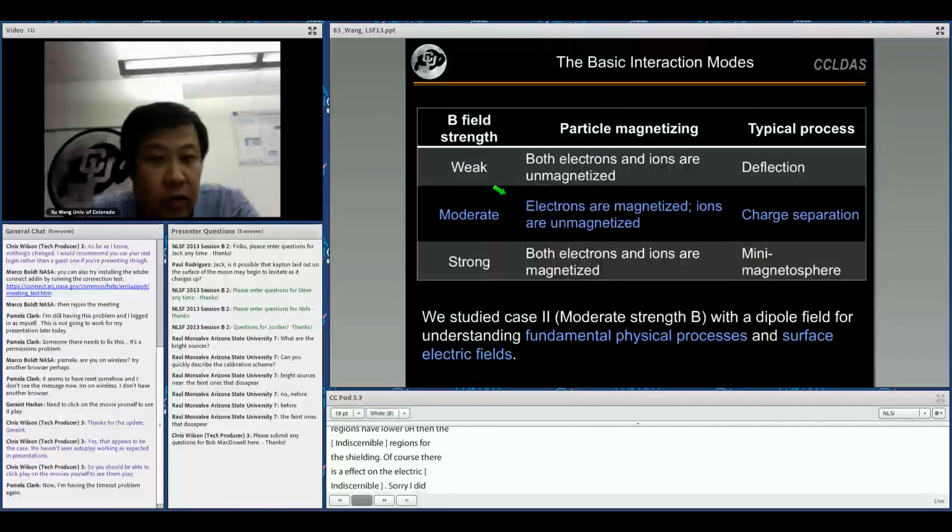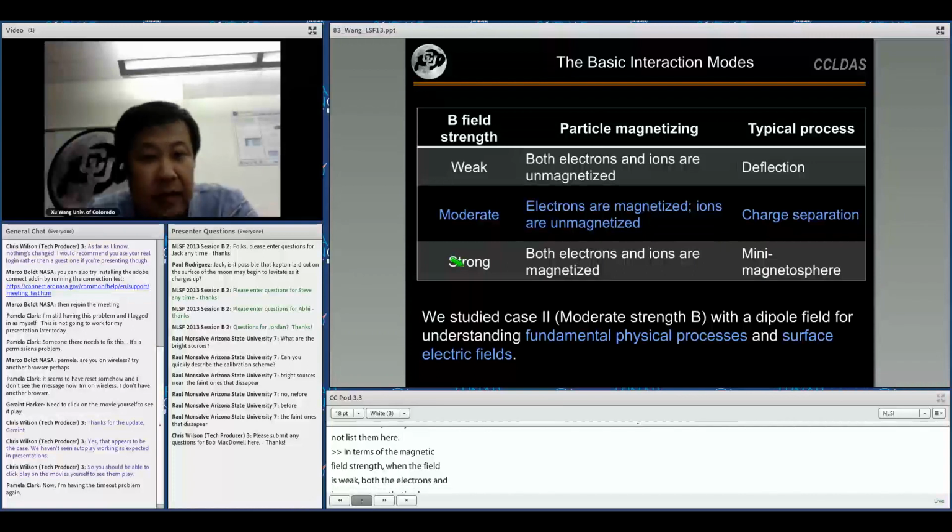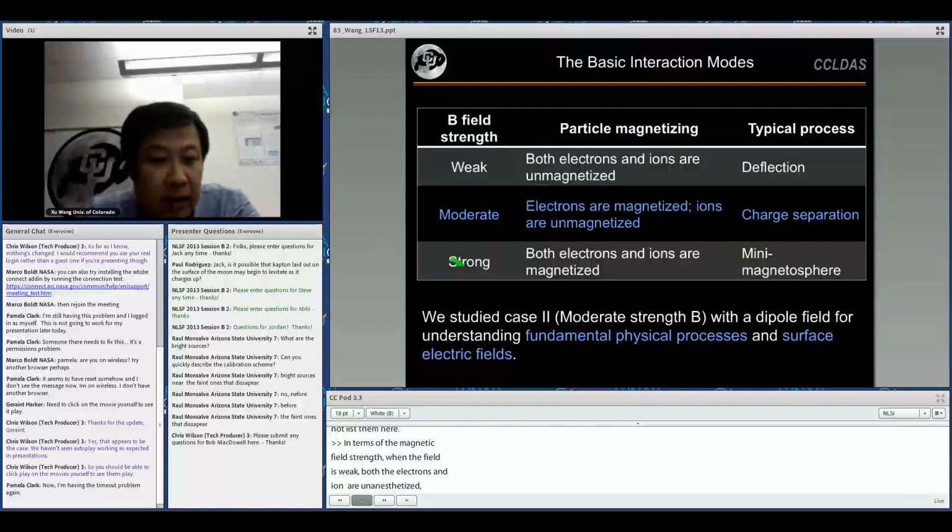So here I divided the interaction into three modes in terms of the magnetic field strength. When the field is very weak, both electrons and ions are unmagnetized, and a small deflection can happen. When the B field is very strong and both electrons and ions are magnetized, the mini magnetospheres can form.